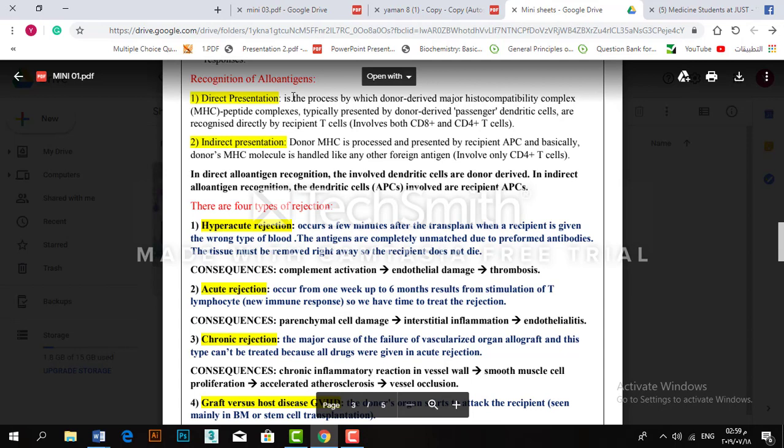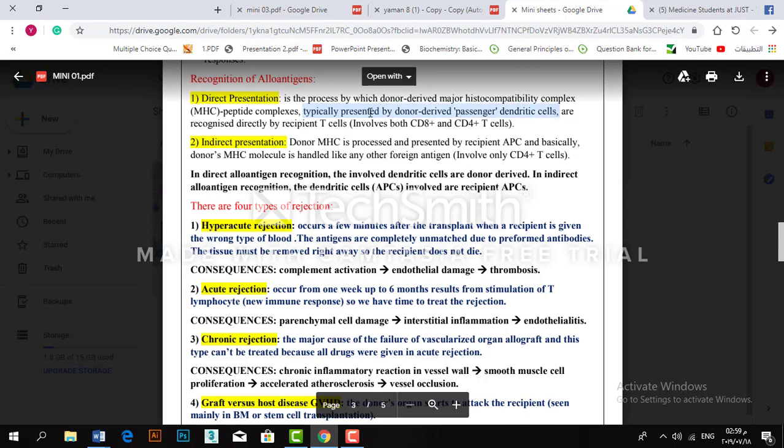Now, direct presentation is the process by which donor-derived MHC peptide complex is typically presented by donor-derived dendritic cells. So this is the key word for direct presentation.